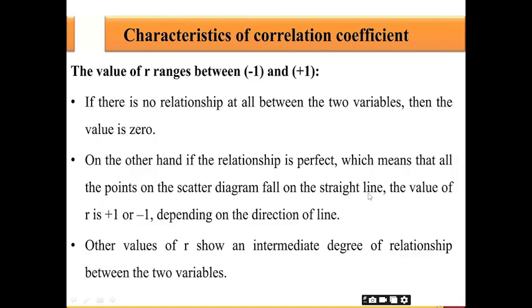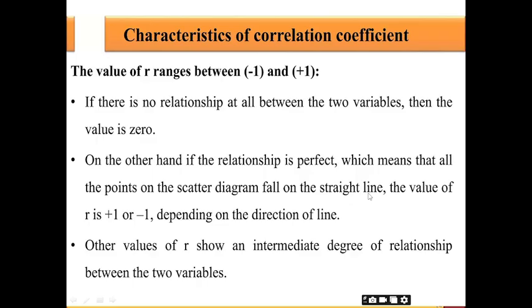Let's see the characteristics of the correlation coefficient. The value of r ranges between minus 1 and plus 1. If there is no relationship at all between the two variables, then the value is 0. On the other hand, if the relationship is perfect, which means that all the points on the scatter diagram fall on a straight line, the value of r is plus 1 or minus 1, depending on the direction of the line. Other values of r show an intermediate degree of relationship between the two variables.